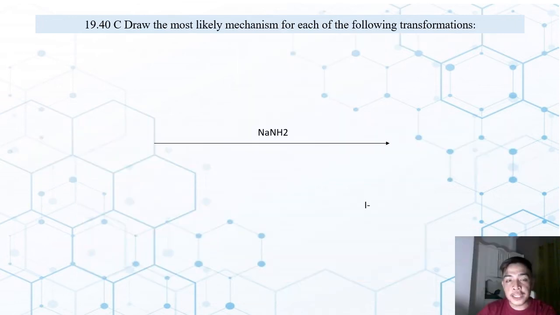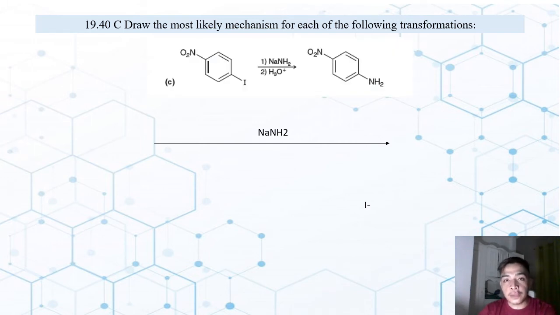For the last problem, problem 19.40, draw the most likely mechanism for each of the following transformations. The reaction gives the product 1-amino-4-nitrobenzene from 1-iodo-4-nitrobenzene using sodium amide and water.